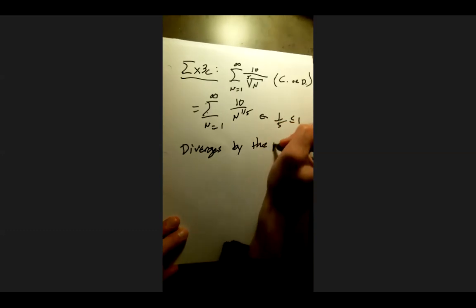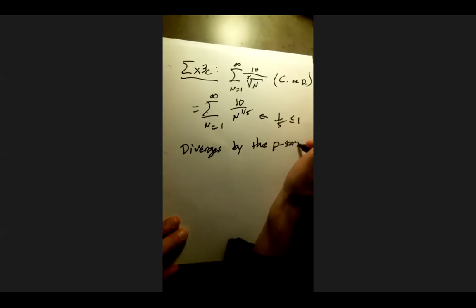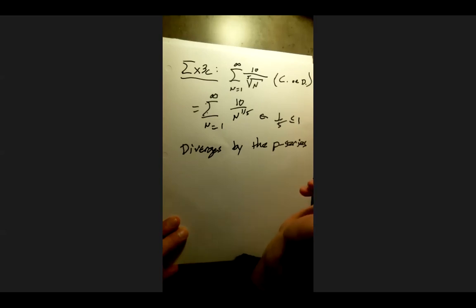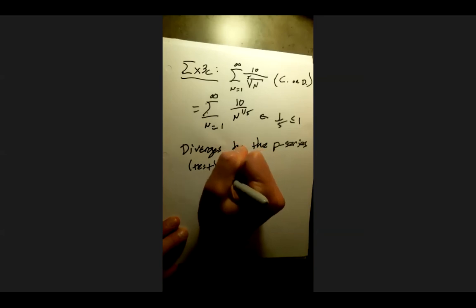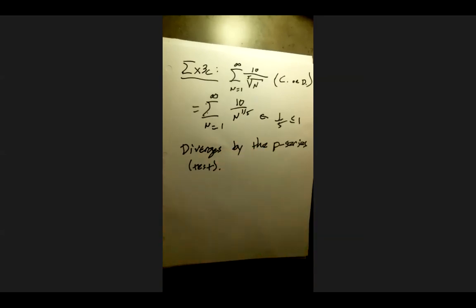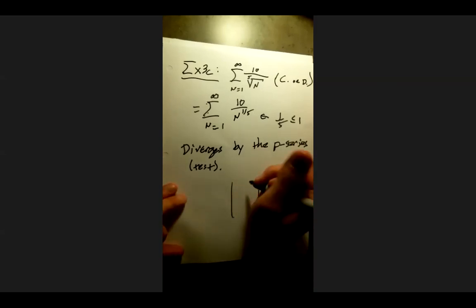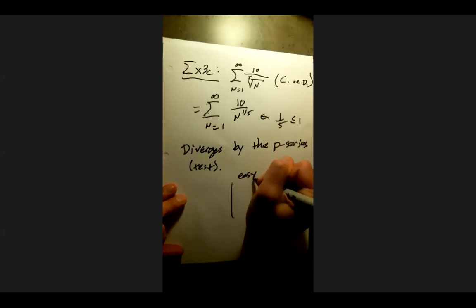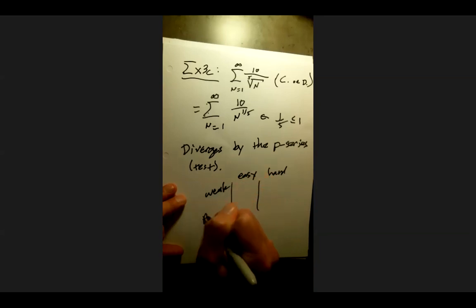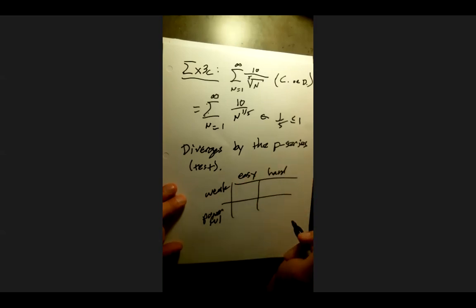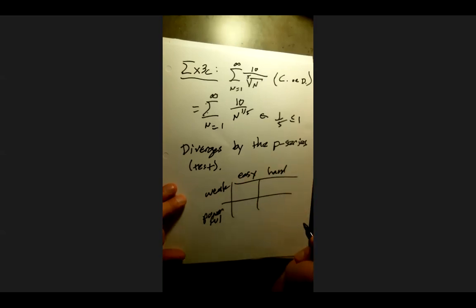the p-series. It's not really a p-series test, but sometimes we think about it like a test because we're used to saying test. So for the p-series test, if you will, in our table of easy, hard, weak, powerful, p-series, easy or hard?